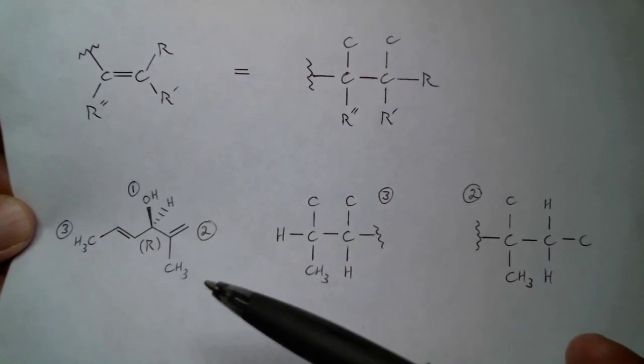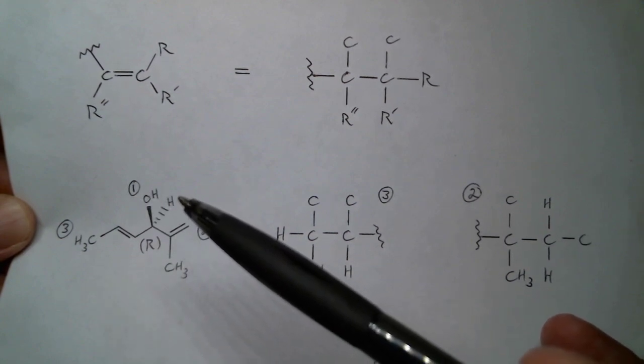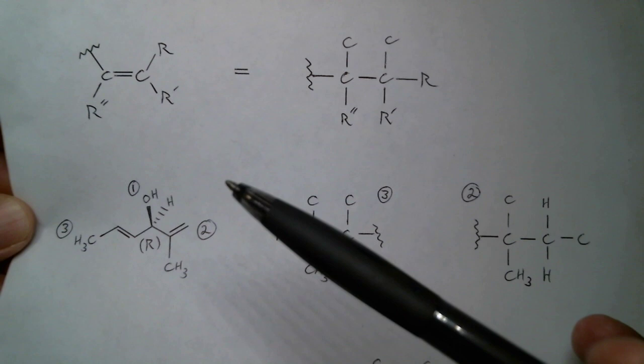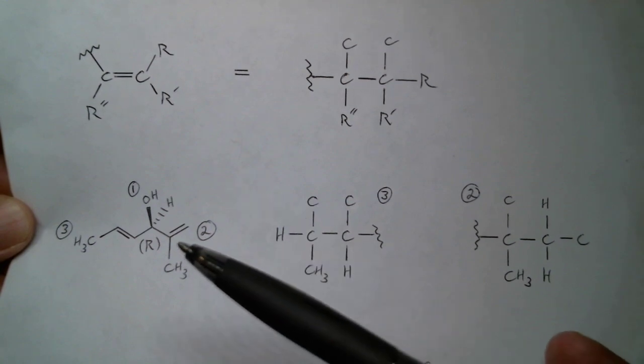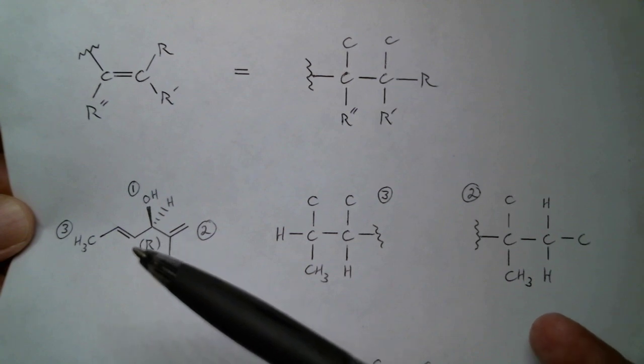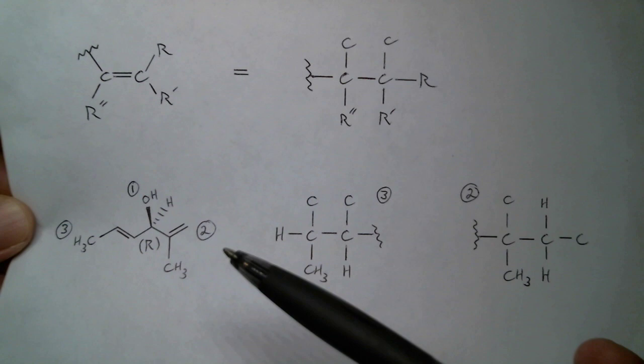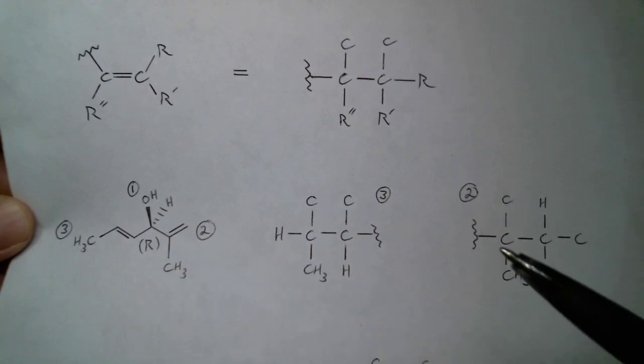So let's use that and see if we can assign a stereocenter for this particular dienyl alcohol. So, of course, our oxygen is our first priority, our hydrogen is our fourth priority, it's already in the back. So then we have to decide, is this carbon a higher priority than this carbon? Well, if we diagrammed this arm, which we've already assigned for a second priority, what would we see?